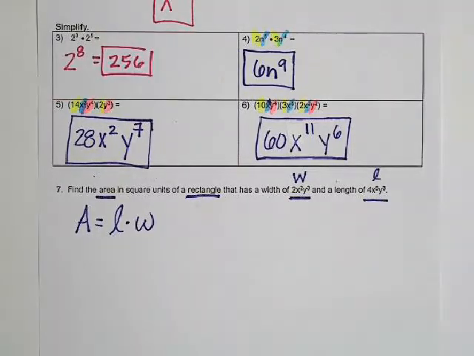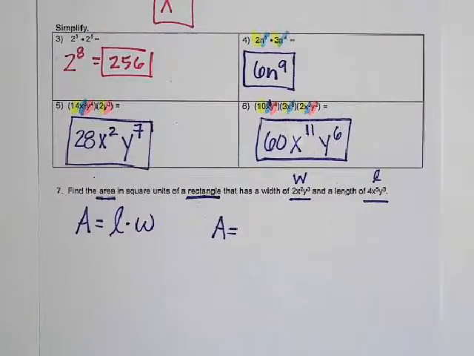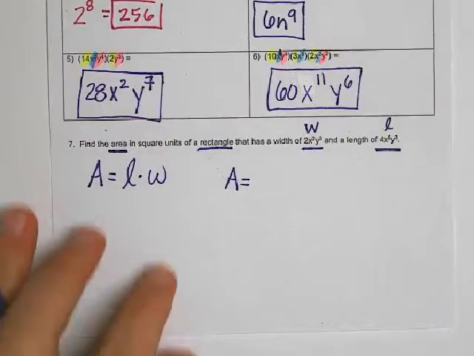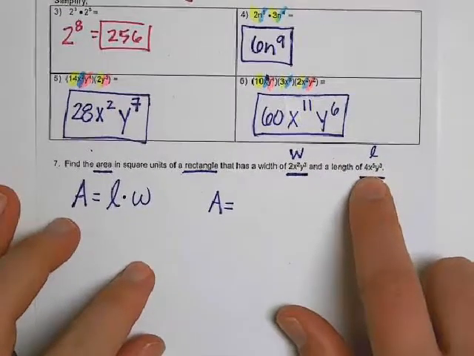What do I do? Before I can do that, what do I have to do first? We're going to highlight. You're right. First, I have to plug them into the equation. Got to plug them into the equation first. So I have A equals. What is the L? 4x to the 5th times y cubed.